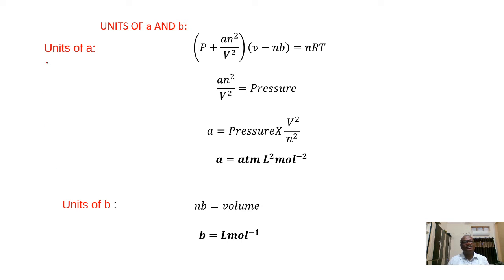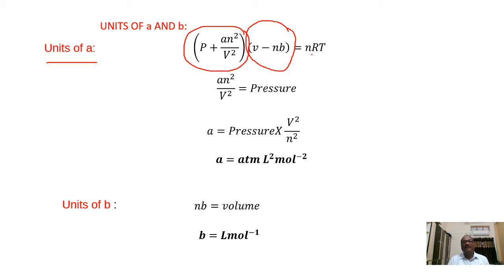Let me discuss the units of a. In this equation, P + an²/V² represents the pressure term, whereas V − nb represents the volume term.